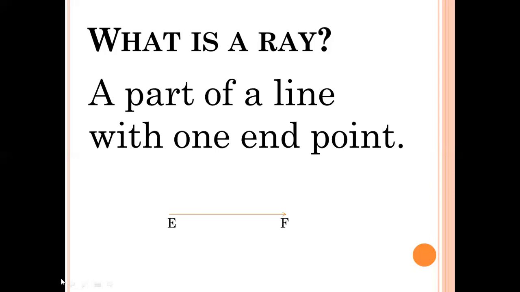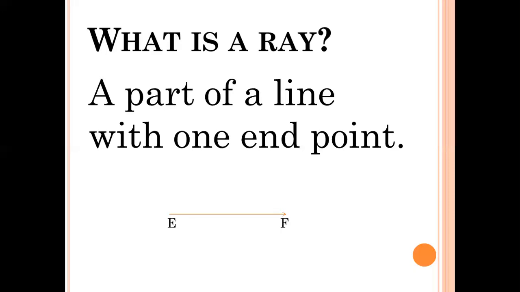In previous slides, I have shared with you the line segment and the line also. We can read them in both directions, like we can say line AB or BA, line segment AB or BA.